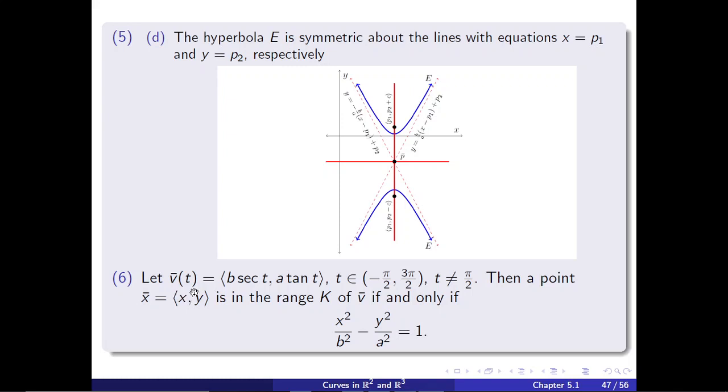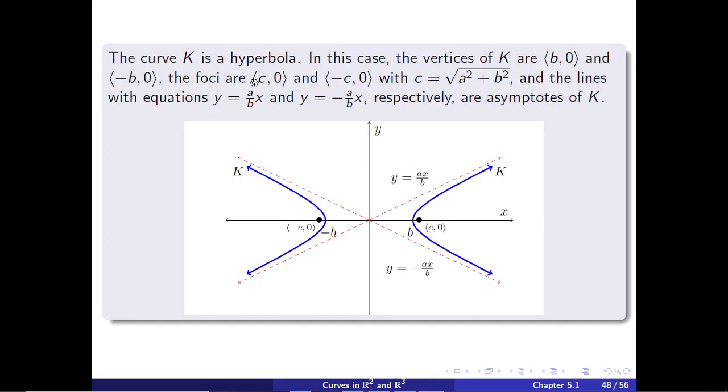So let v of t be equal to b sec t and a tan t, where we've got those conditions. Then a point x is in the range of v if and only if this happens, and the curve is a hyperbola.